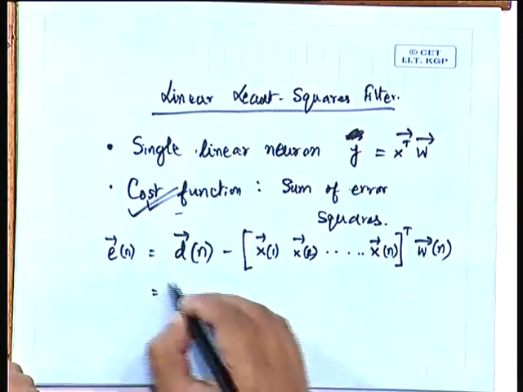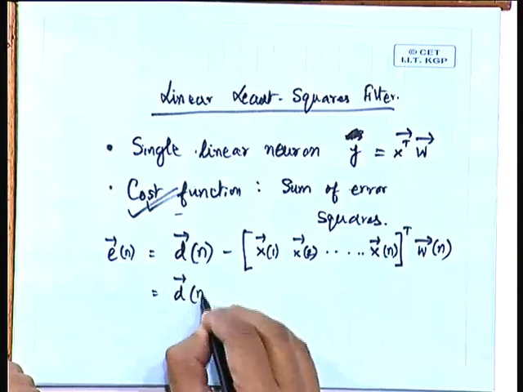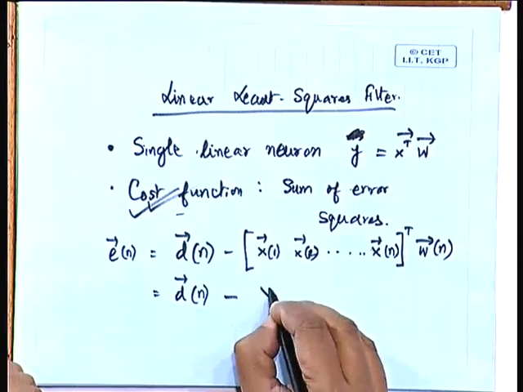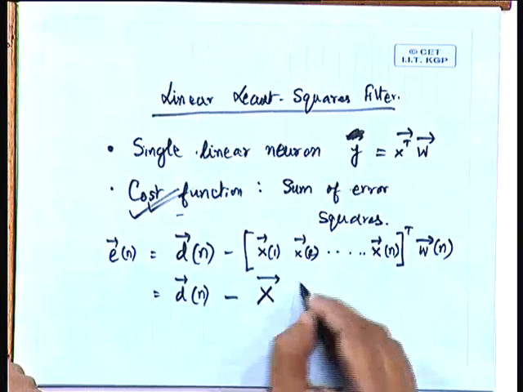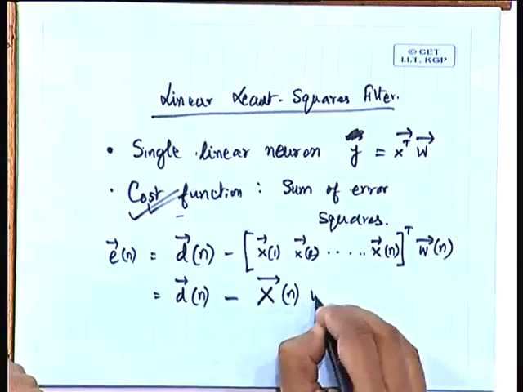So, this we are going to write in the form of d n minus x n w n, where we are introducing the x matrix.